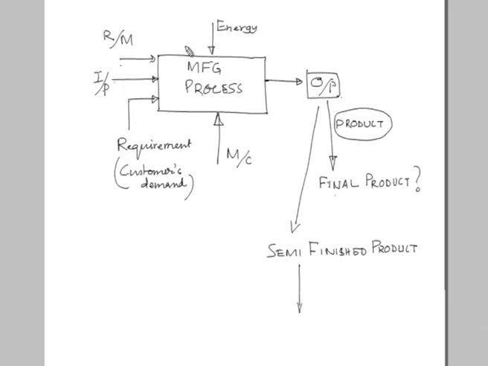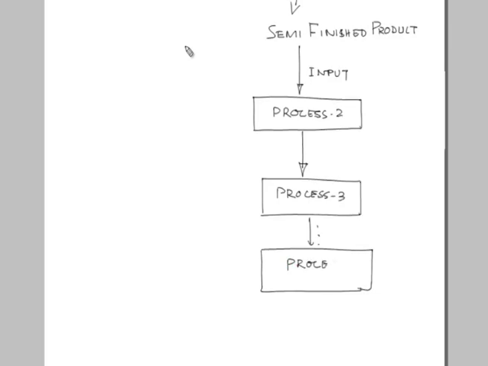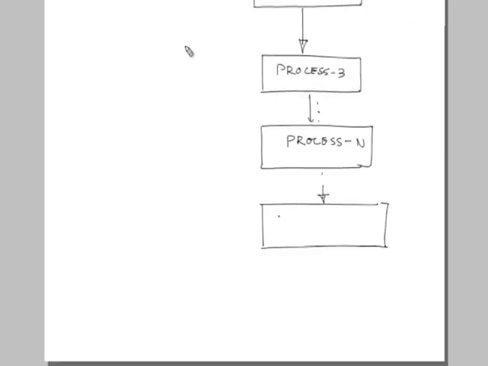This semi finished product will enter as input to some other process, say process 2, then maybe again it will flow through process 3, and so on, it can go through process n, and finally we may get the final product.